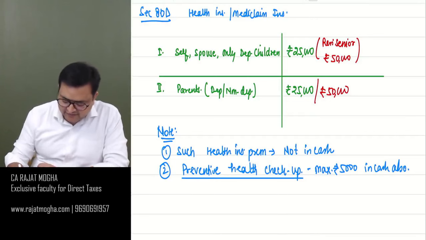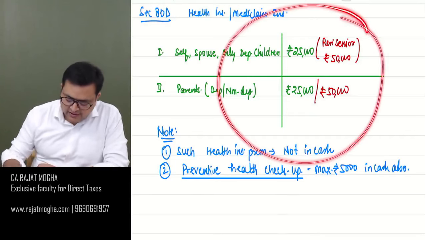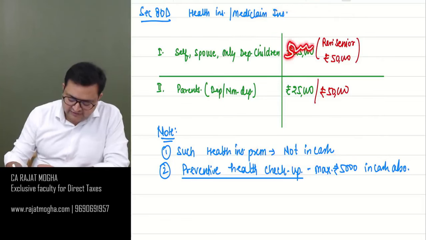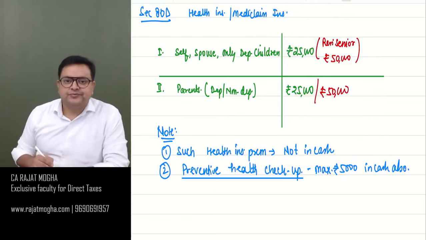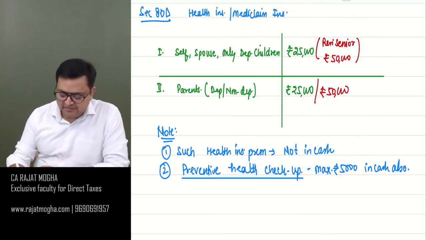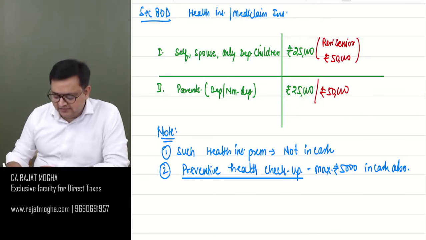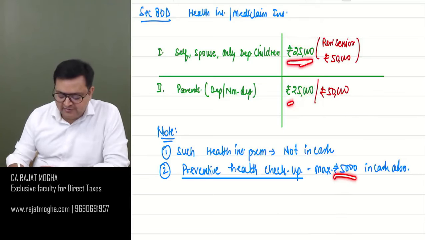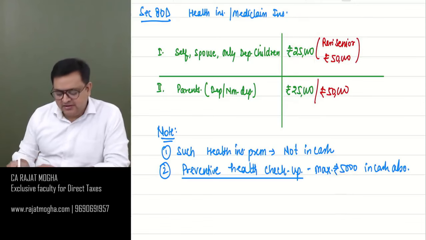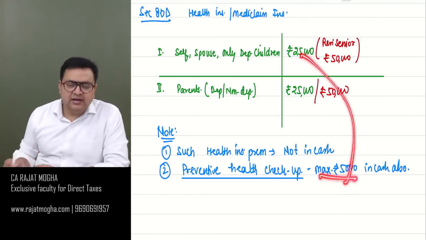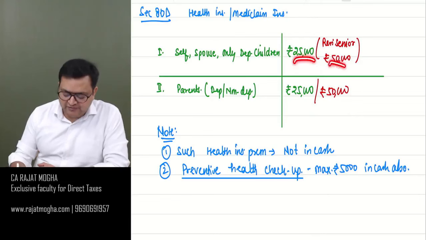So preventive health checkup has its internal limit of 5,000. And guys, this 5,000 is the overall limit. It is not like this category 5,000, this category 5,000. No. If for preventive health checkup you have already claimed 5,000 here, you cannot get it here. Correct? And this 5,000 is not beyond this limit either. This is an internal limit within 25,000 or 50,000.